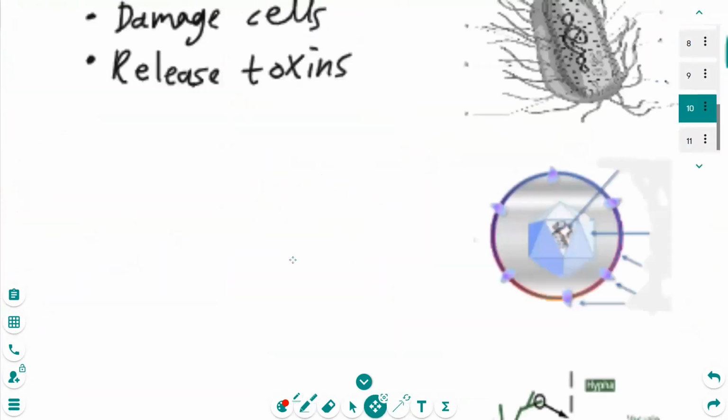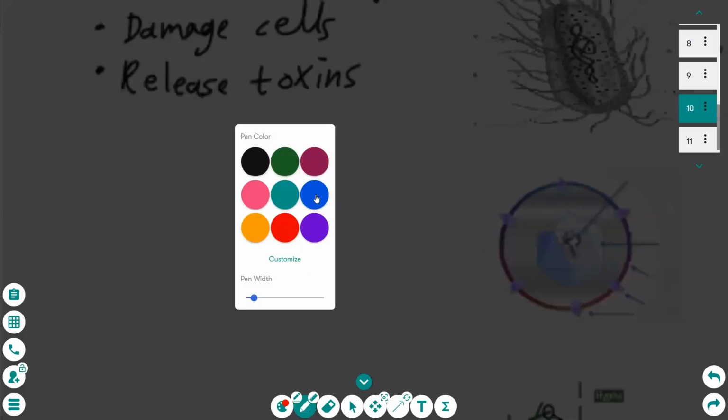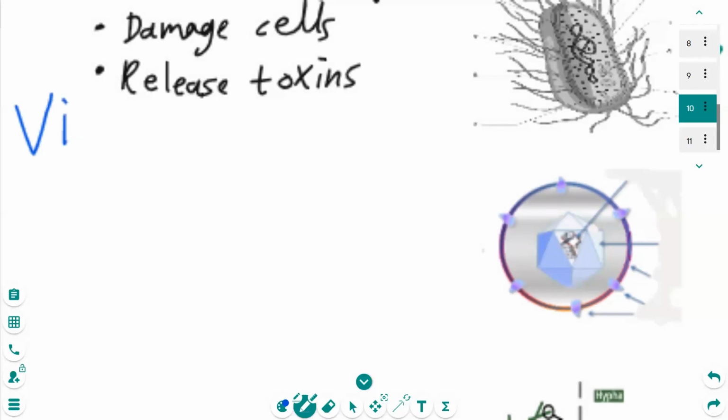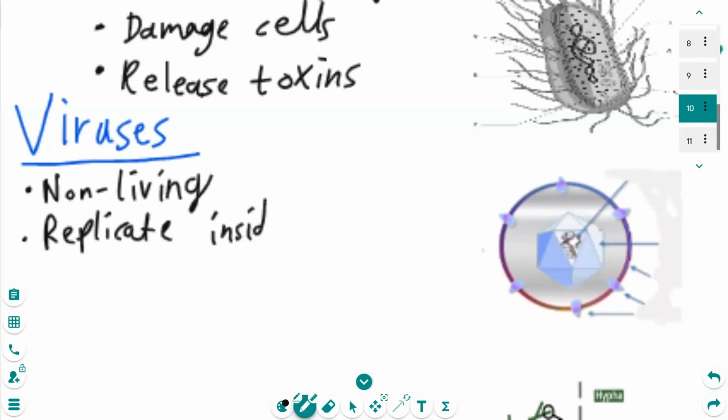Moving on to the next one, which is viruses. Viruses are unusual in the sense that they are non-living. They can only replicate inside cells.